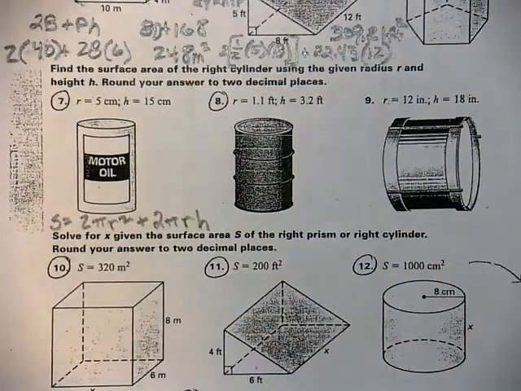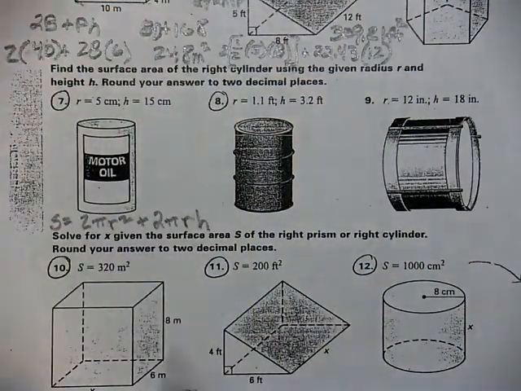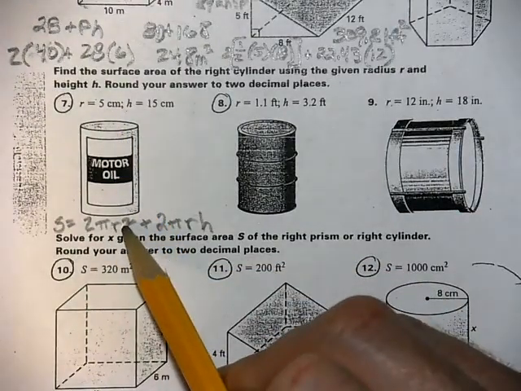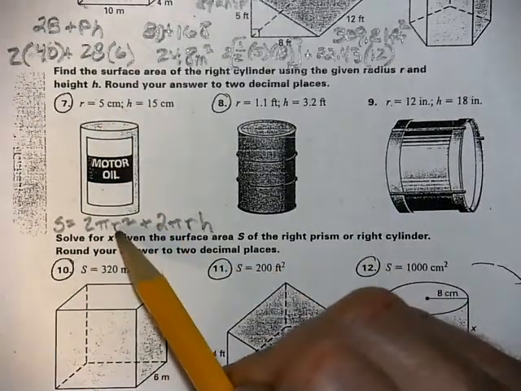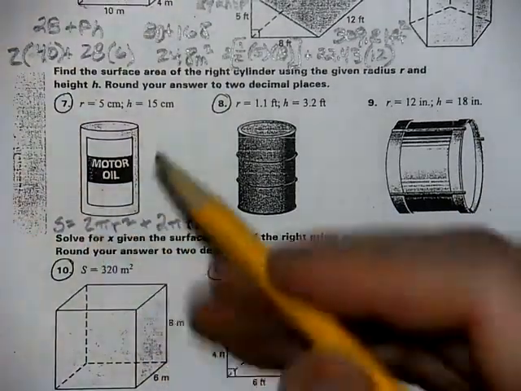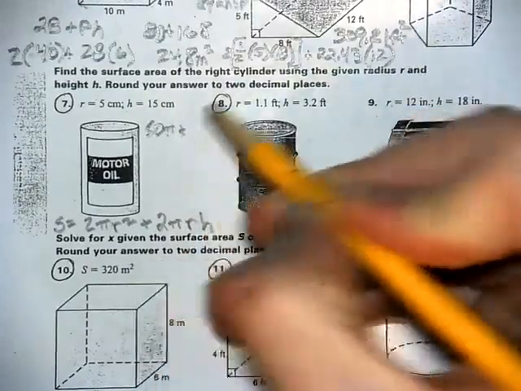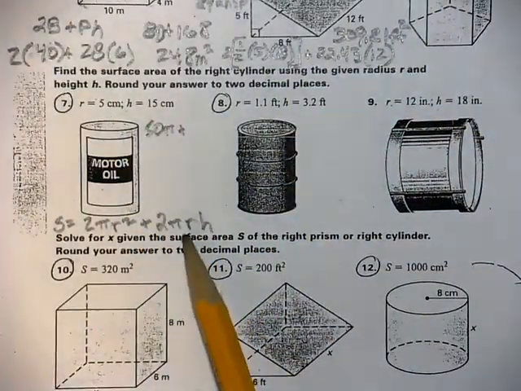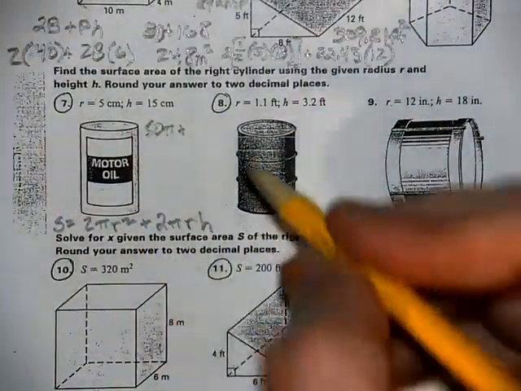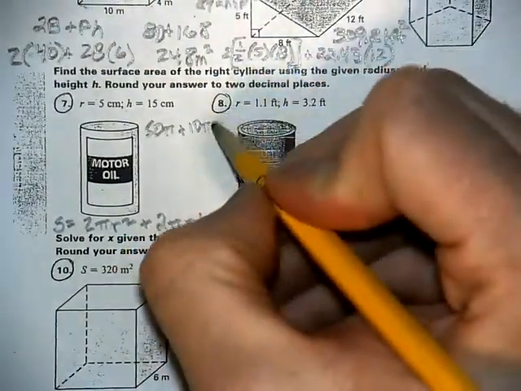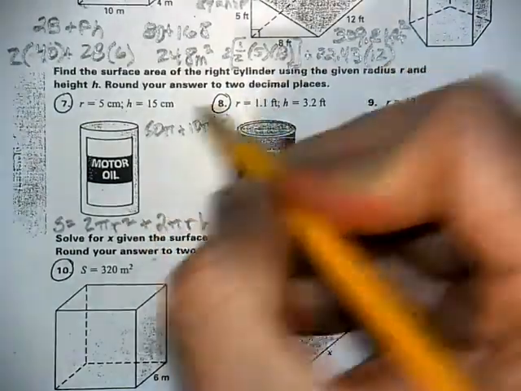Well, if we know what the radius is and we know what the height is, then the 5 gets plugged in here to get 5 times 5 is 25 times 2 is 50. So we have 50 pi plus 10 pi h. And our h is 15.